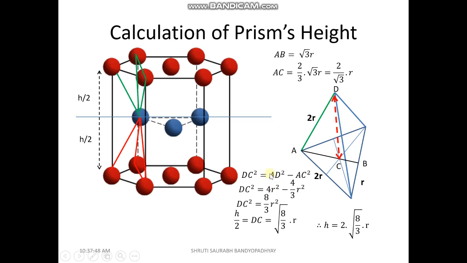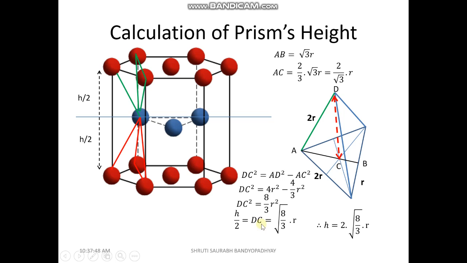So we can again apply the formula DC square equals AD square minus AC square. What is AD? This is AD. AD is actually 2r, so we put here 4r square, and AC is 2 by root 3 into r, so this is 4 by 3 into r square. So solving this we get DC square equals 8 by 3 into r square. So DC will be root over of 8 by 3 into r.